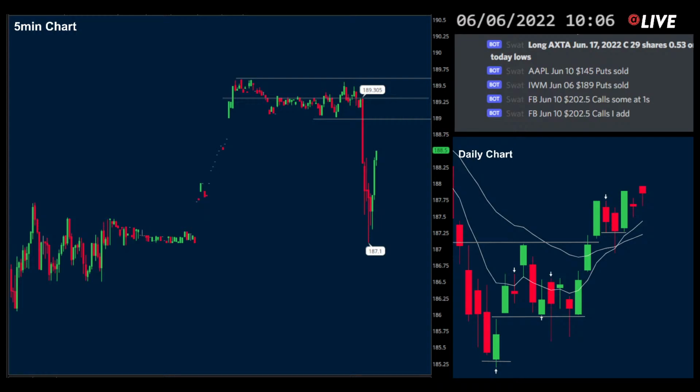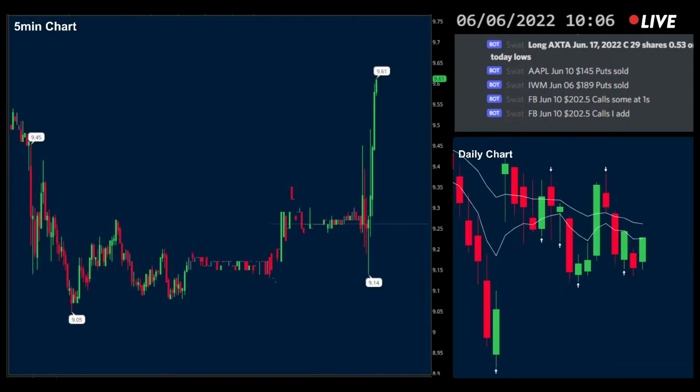So they fill the gap and squeezing now. Tesla bounced now on bull flow.